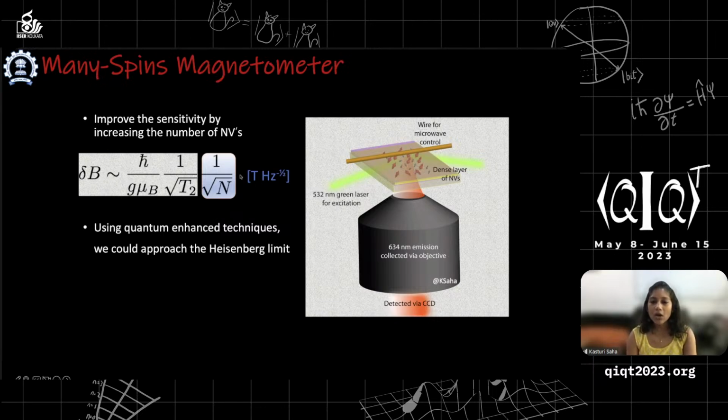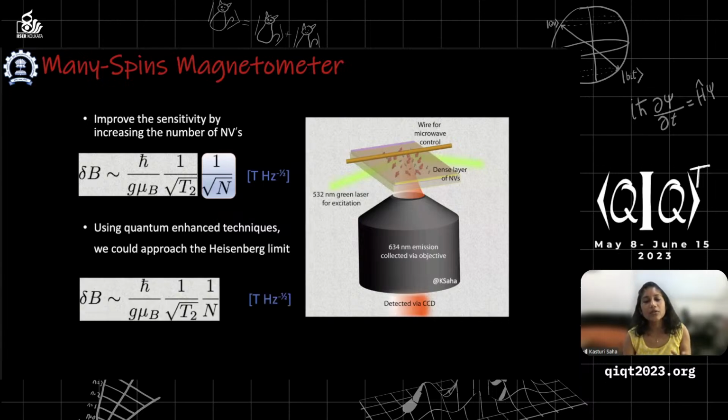Now, the interesting part of NV centers is that one can actually use real quantum mechanical enhancement techniques. For instance, one can use entanglement within the spins themselves if you have some sort of interaction between the spins, or you can engineer the interaction between the spins by interacting them with a cavity, to create these special entangled states.